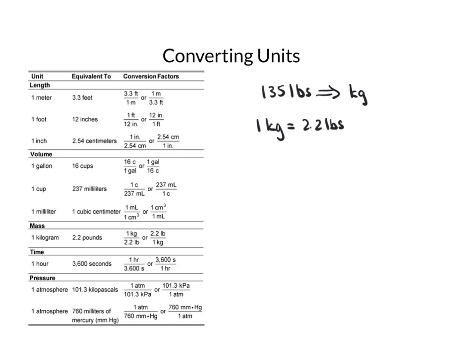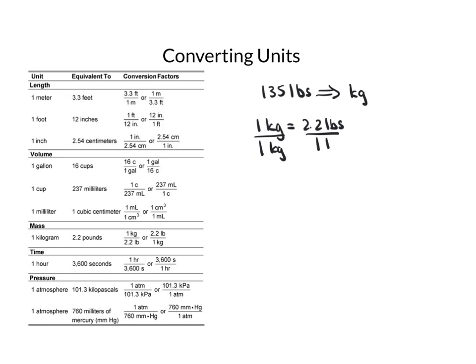So now the thing I have to remember is that I can use these units just like algebraic quantities. So in other words, I can divide both sides of this equation by 1 kilogram. So let's divide both sides of this equation by 1 kilogram.